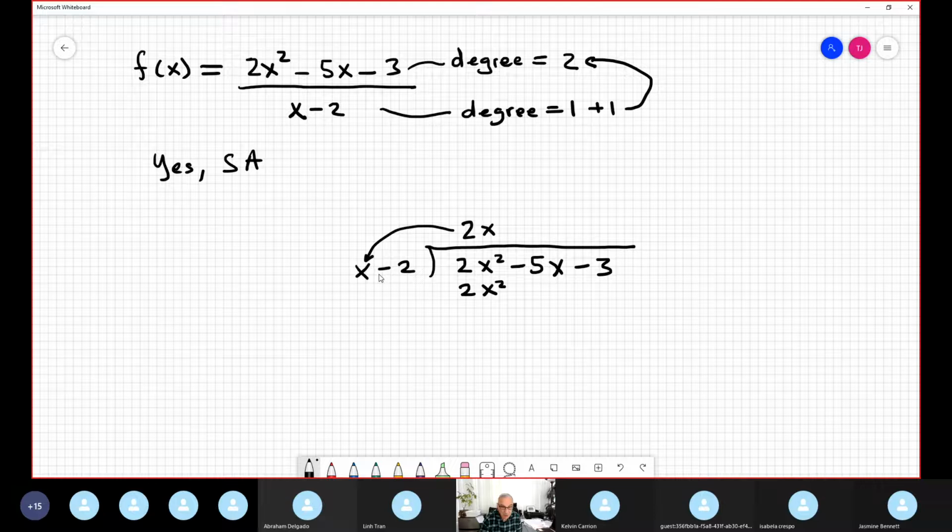And 2x times minus 2 is minus 4x. By subtracting, you change the sign. They cancel out. This is negative x minus 3. And we continue, of course, because we stop when the degree of the remainder is 0.